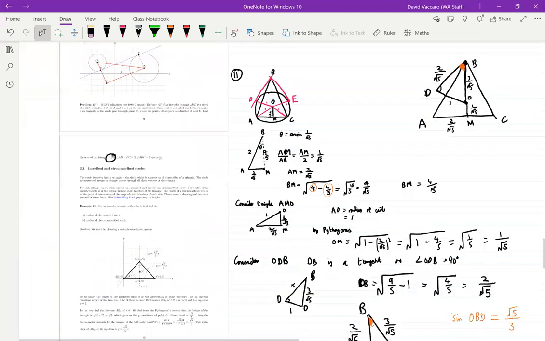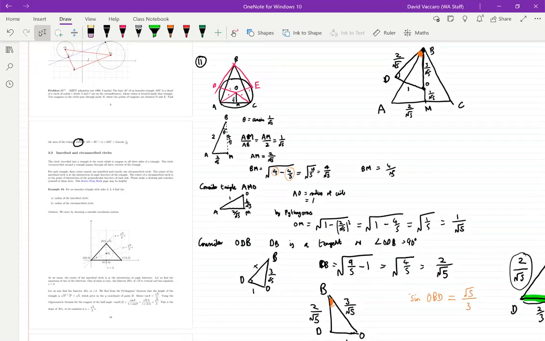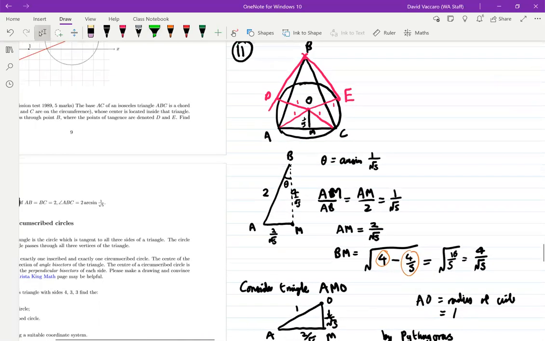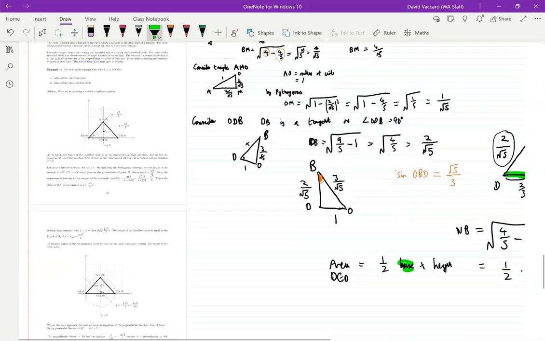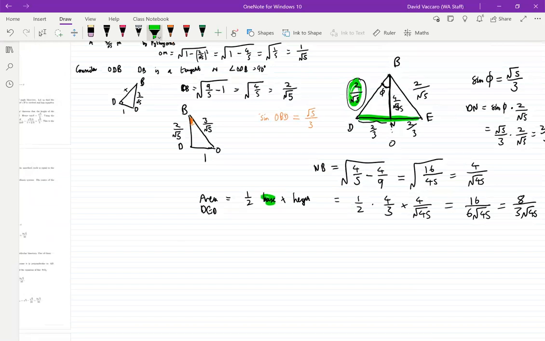elegant ways to do it. But that certainly seems one way to do repeated use of Pythagoras to get the height of the original triangle AB, to get the height MO, to then get the difference in heights, then to use Pythagoras on this triangle to find DB, and also to find this semi-vertical angle, and then having found the length of DB and the length of DE, to find the height, and then from the height to find the area.